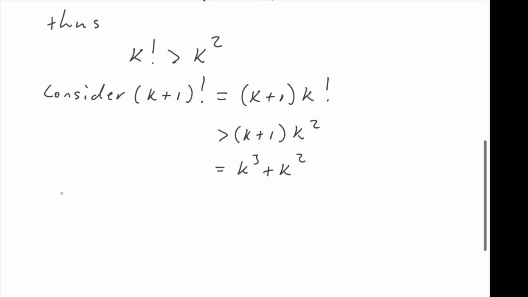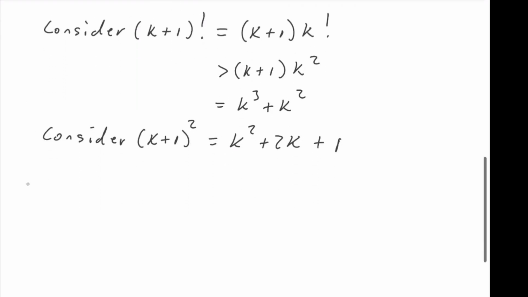Now, let's go ahead and consider what we want, right? So let's consider k plus 1 squared. That's going to be k squared plus 2k plus 1. Now we have to show that k cubed plus k squared is bigger than this, right?